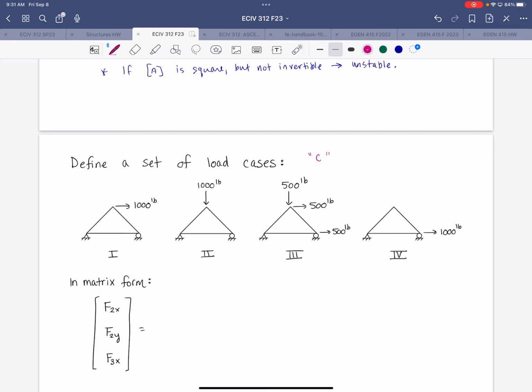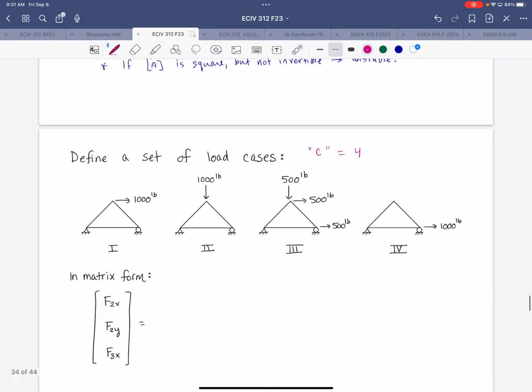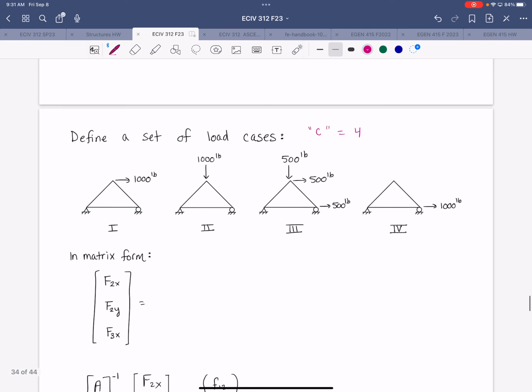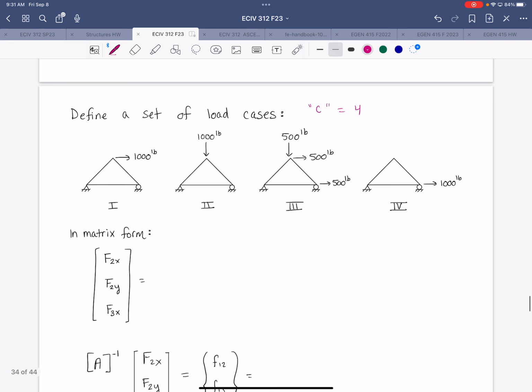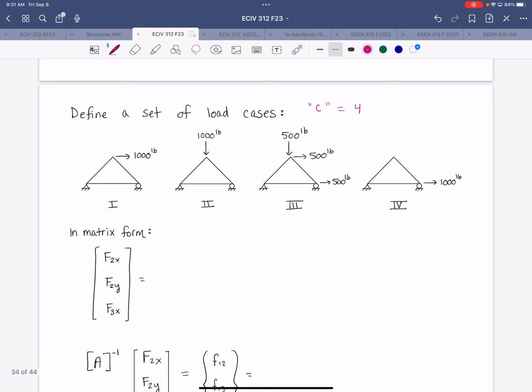Our value for C is 4. We're going to have 4 columns in our external force matrix and our internal force matrix. So we are going to first write out our external force matrix.